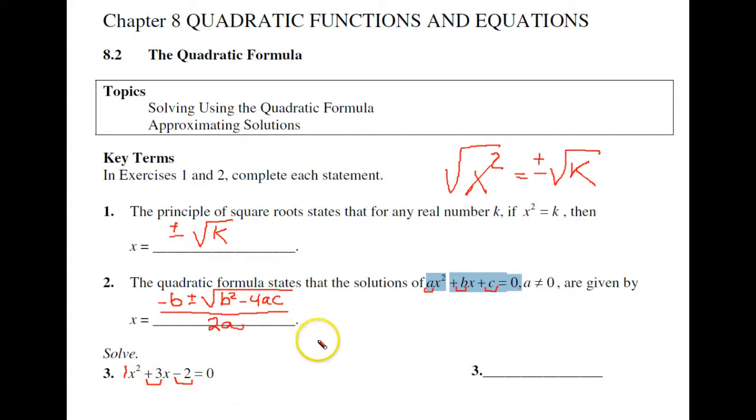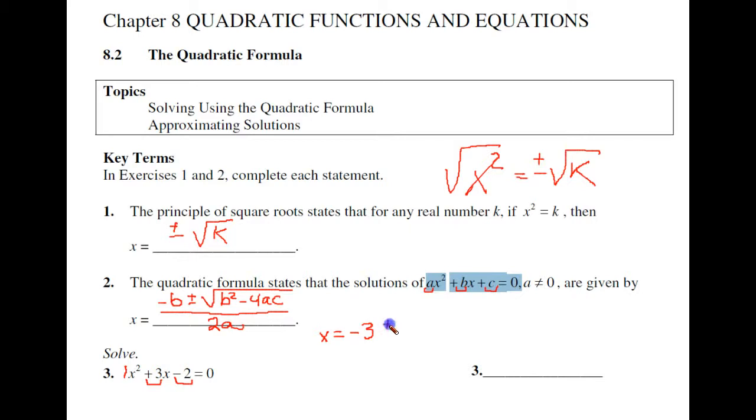So now we go in and do our substitution. We're going to say x equals a negative b. Now here we have a positive b, so it's going to be a negative 3.